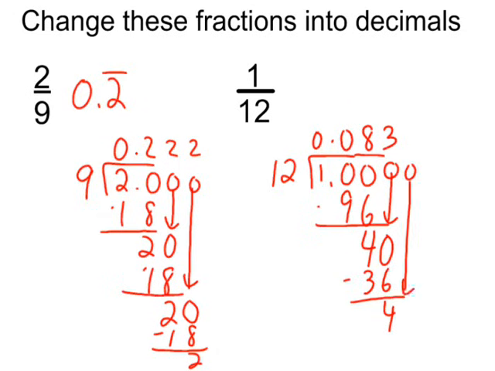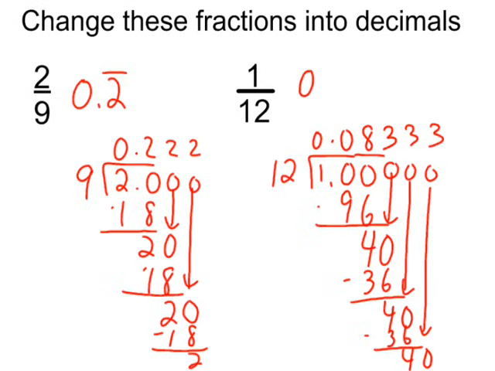Going to add another 0. 12 goes in there 3, that's 36, and I think you can see what's happening here. It's starting to repeat. The 3 repeats. So if you wanted to convert 1/12 into a decimal, that would be 0.083 with a bar notation over the 3 because the 3 repeats.